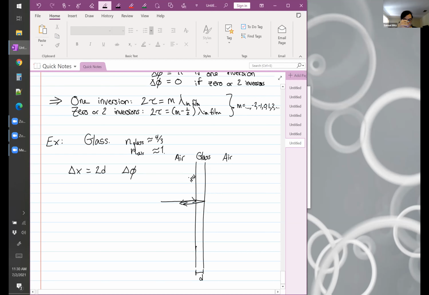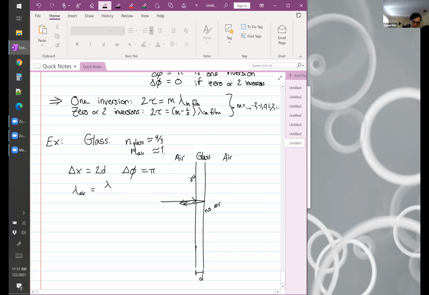You get no inversion from passing through the glass, and then it reflects off of the glass-air interface. There, you're going from a slow medium to a fast medium, so you get no inversion off of this back edge. So the total phase difference as a result of the inversions is pi, because there's exactly 1 inversion. The first wave gets a pi, the second wave gets 0, and so delta phi is pi minus 0. It's pi.